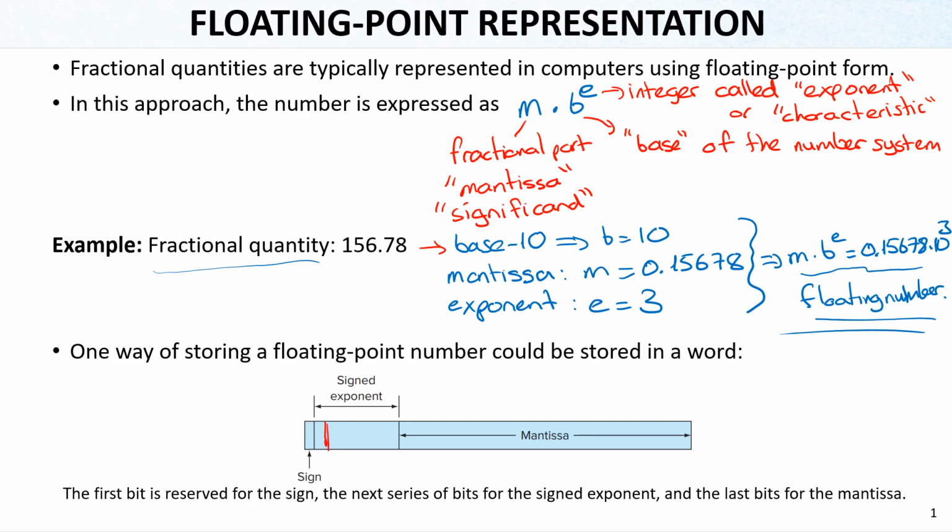A sign for exponent. Then the exponent here. If it is 3, for example, it will define here. And if this is positive, this is just 0, for instance. And we will have the mantissa here with the representation of this. So we can have an example of this in the following slide.